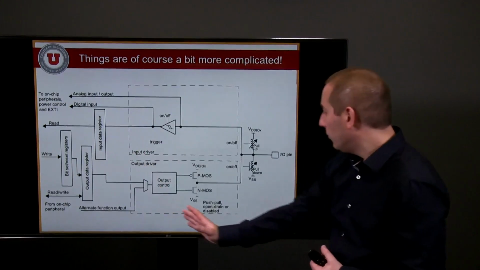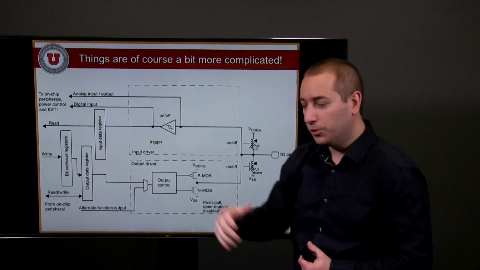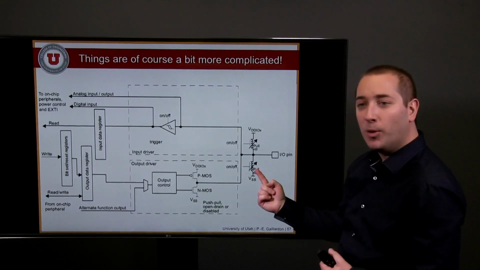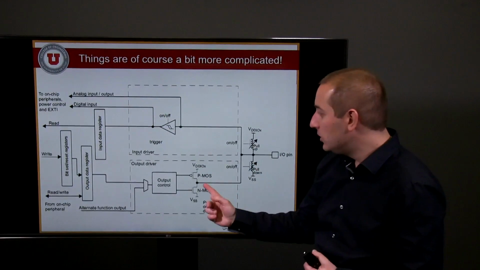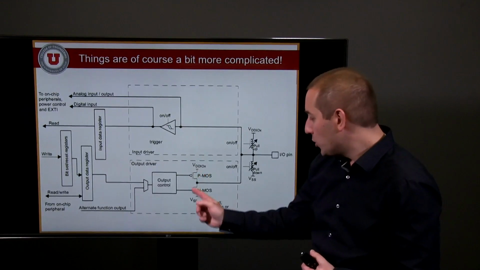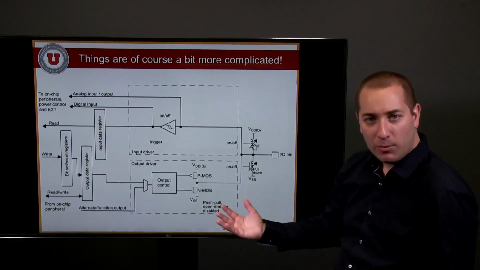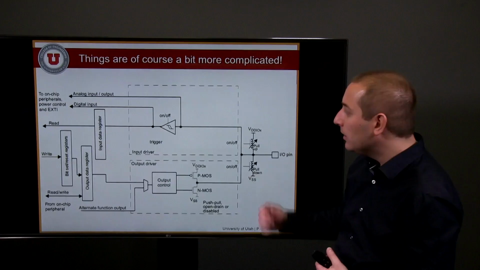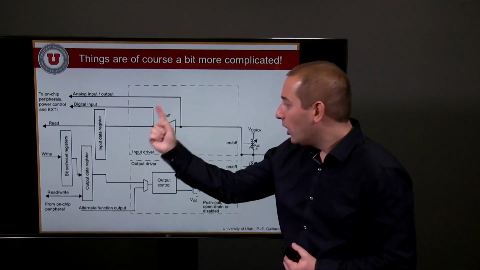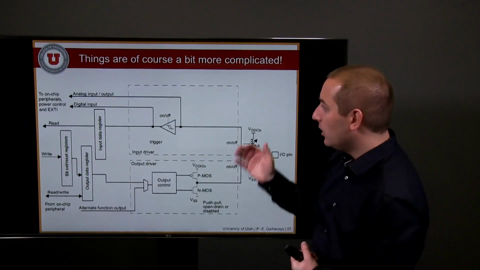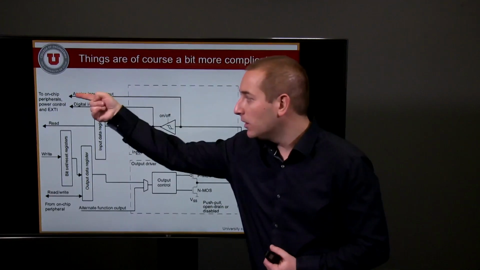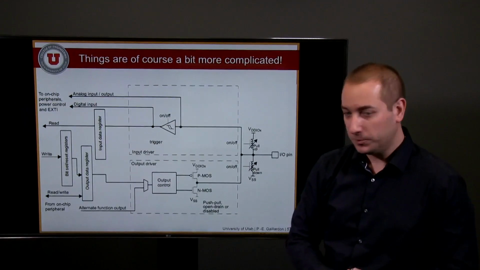But you will also find quite a bunch of additional circuitry in order to create pull-up or pull-down networks, to deal with push-pull or open drain, or to disable the output of your I/O pin. You'll also be able to implement bit triggers on the input, or to connect your pin to specific peripherals.